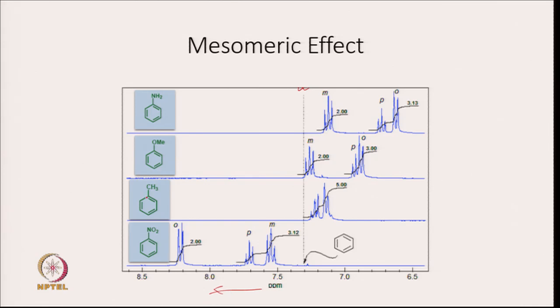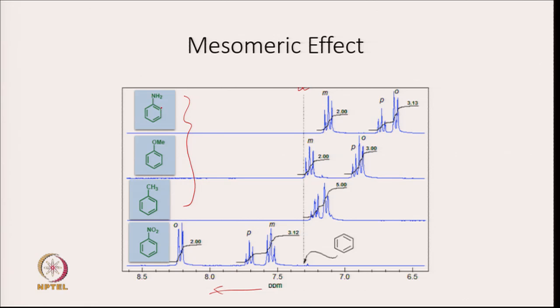Whereas these groups, NH2, OCH3 and CH3, are donating electron, and so they are going to be at lower chemical shift than benzene.